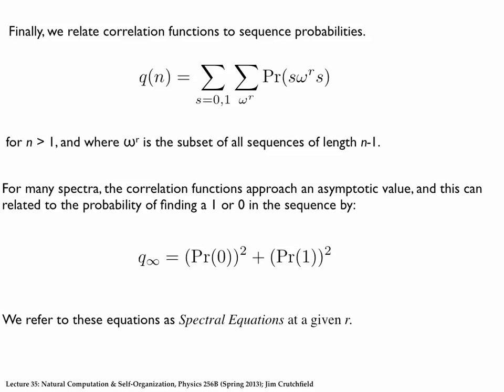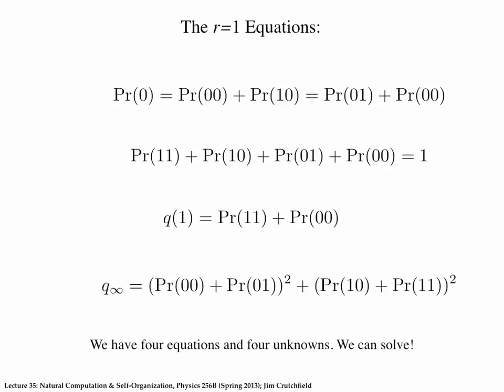And then I use as many of these Q's as I need for a complete set of equations, and I may need to use more than I like. For the R equals 1 equations, I just follow those simple prescriptions, and this is what I get.